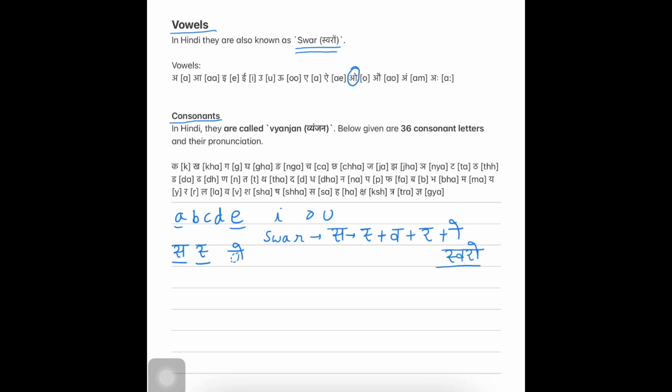If I have to translate this single word only, I would rather write swar. On the other hand, it's not swaro, it's swar. Swar or swaron, for better understanding.